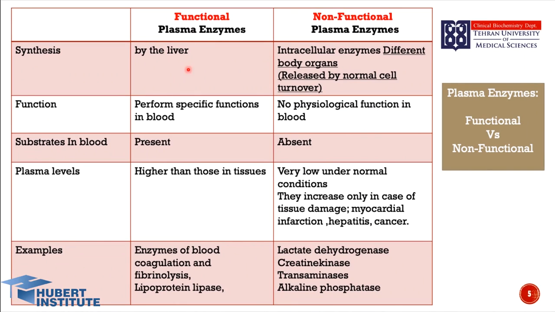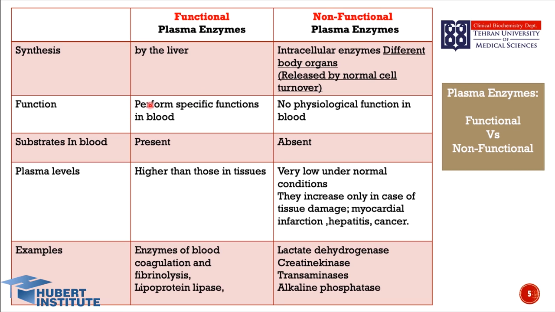Here you see some differences between the functional and non-functional enzymes. For example, about the synthesis place, the functional enzymes are synthesized by the liver, but the non-functional ones belong intracellularly to different body organs like skeletal muscle, heart, brain, and other tissues.